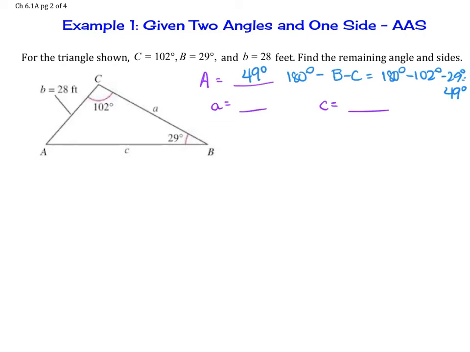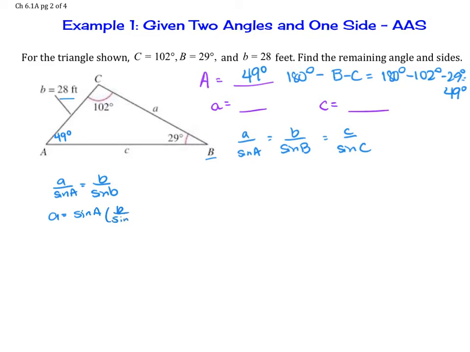Okay, then we're going to use the law of sines. Since I need to find the sides, I'm going to use the one where the sides are on top: a over sine of A equals b over sine of B equals c over sine of C. We know all of b, so we can plug that in, and let's start with a. So let me label this as 49 degrees. We're going to use a over sine of A equals b over sine of B. Now I need to solve for a, so multiply sine of A to both sides.